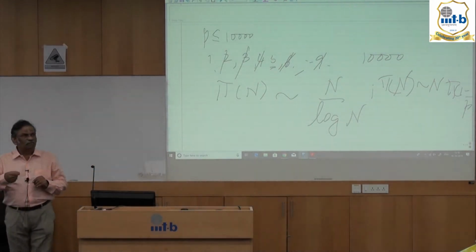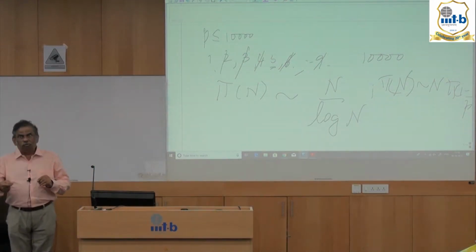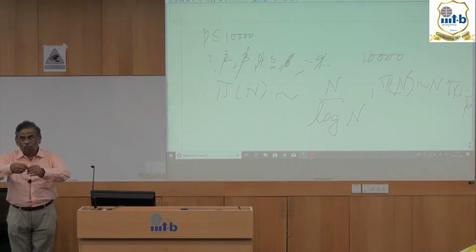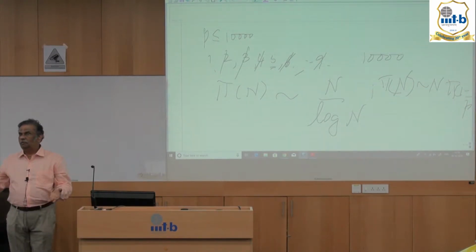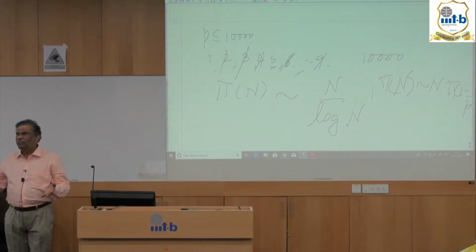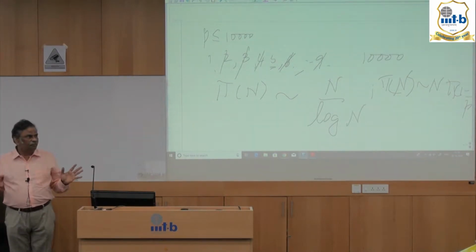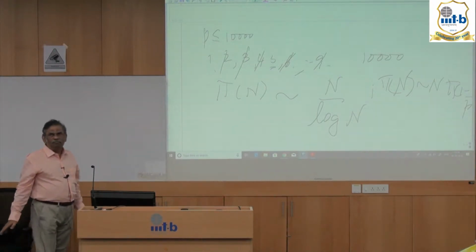Therefore, it is not divisible by p with probability 1 minus 1 over p. And the events are independent. Divisible by 2, divisible by 3, divisible by 5, etc. are independent. And since they are independent, you should be left with these numbers. Is it okay? This is what you would expect.